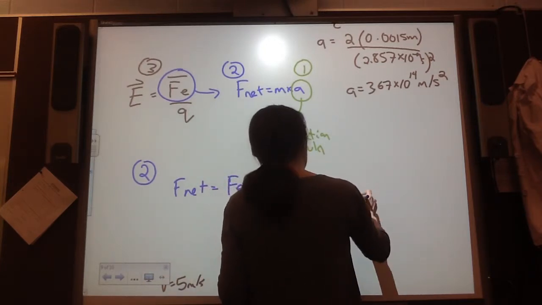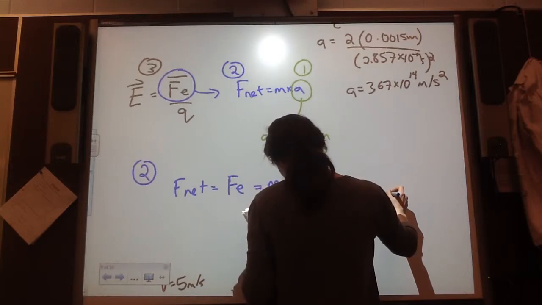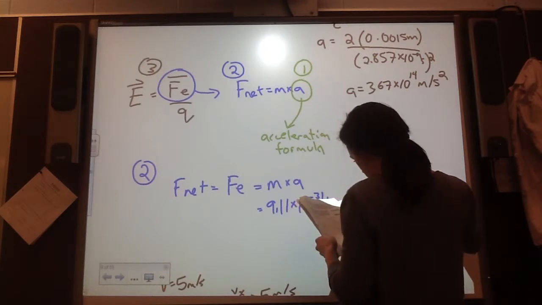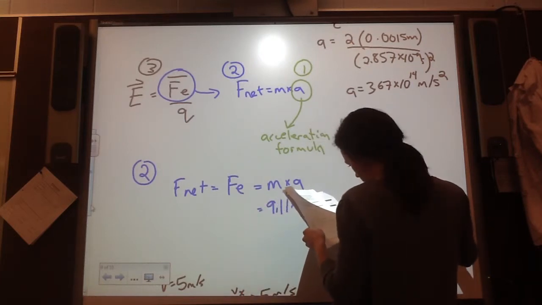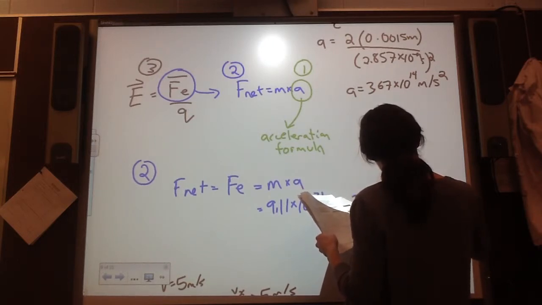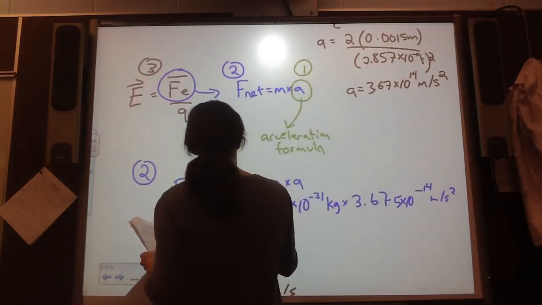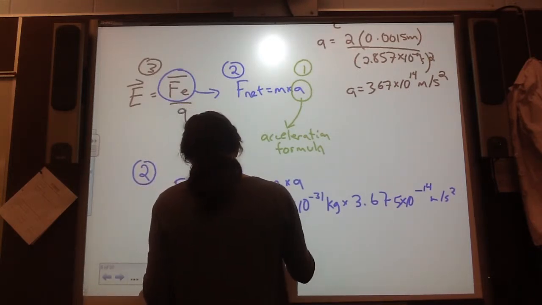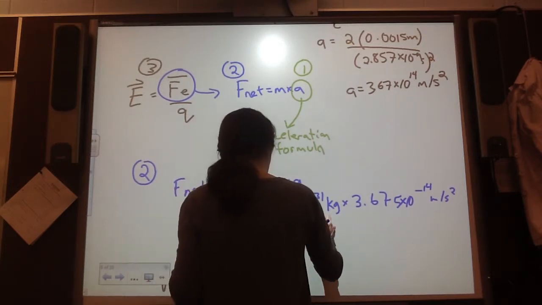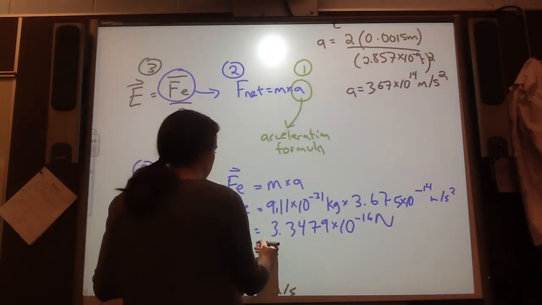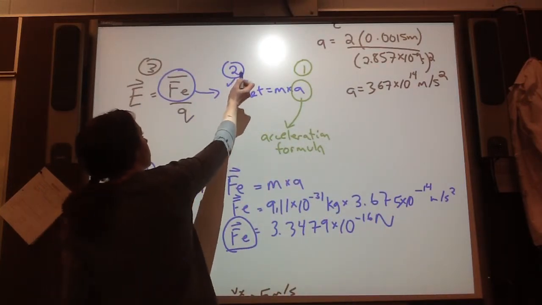And we put in our acceleration, 3.675 times 10 to the negative... No, wait, I wrote down the wrong number. No, I didn't. Negative 14. There it goes. So our Fe then is 3.3479 times 10 to the negative 16 newtons. So now that is step 2 done.